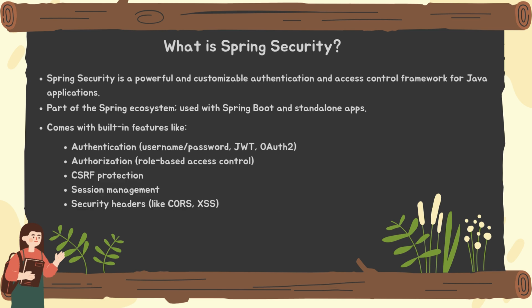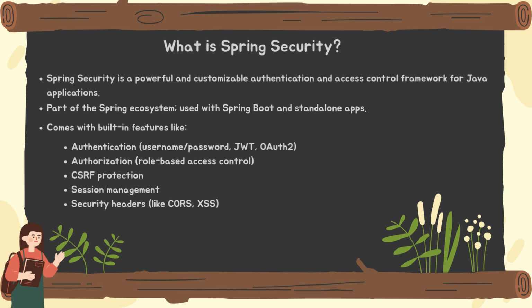It comes with a lot of built-in features: authentication, authorization, CSRF protection, session management, and security headers like CORS and access. We'll talk about CORS and CSRF in detail when we go through the POC, and I will take you through a detailed coding walkthrough.